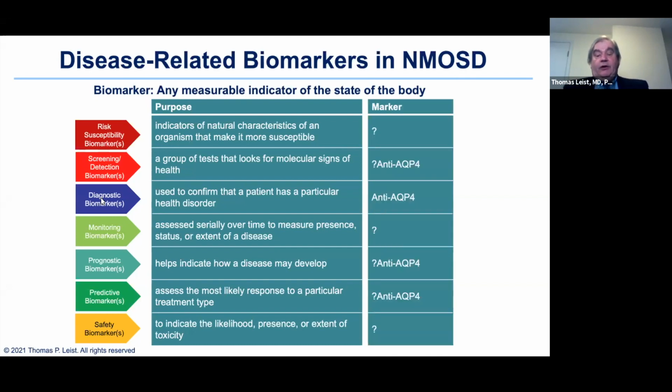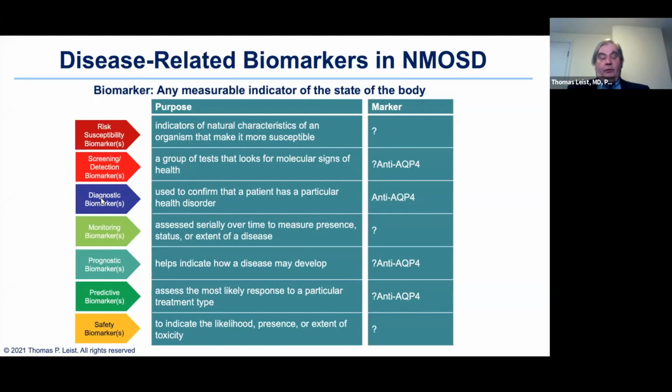And so when we think of the aquaporin 4 biomarker, this is a diagnostic biomarker. It helps us diagnose NMO spectrum disorder. Not in all cases, but it certainly helps us to do.